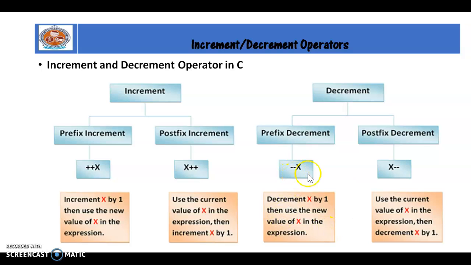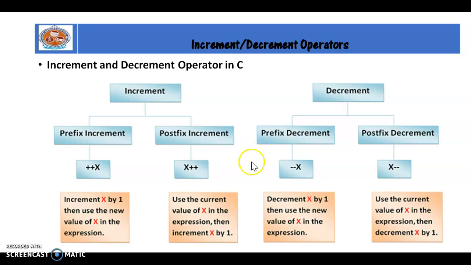Pre-decrementation will first decrement the x value and then use it in the expression. Fine. In post-decrementation, it will take the original x value into the expression. After that, in the original memory space, it will decrement the x value. This is how our increment and decrement operators work.